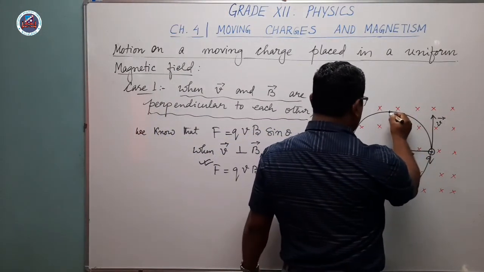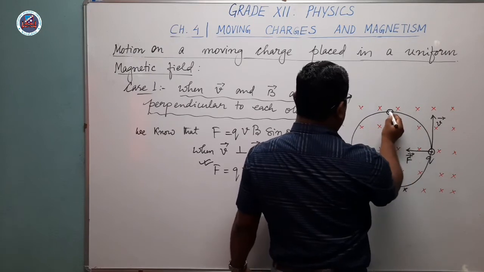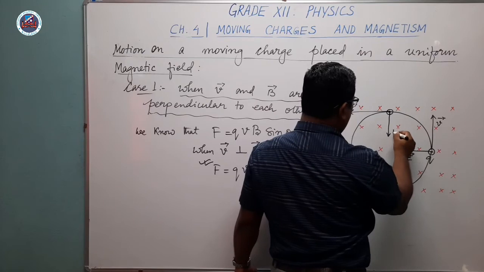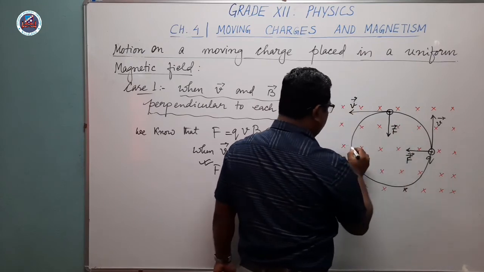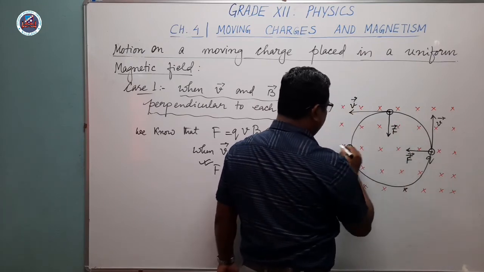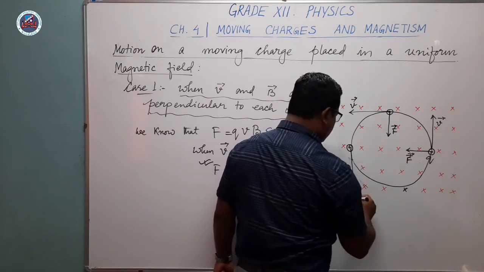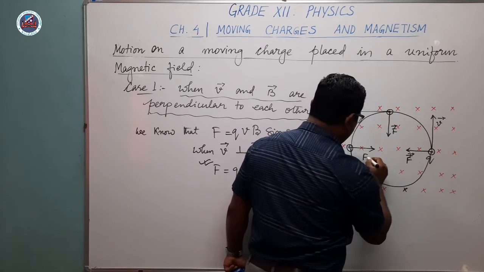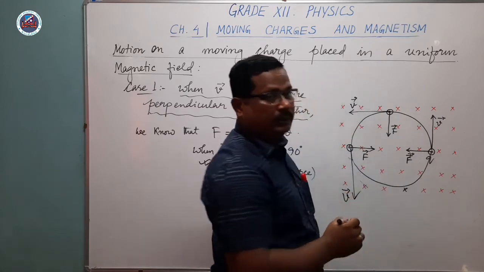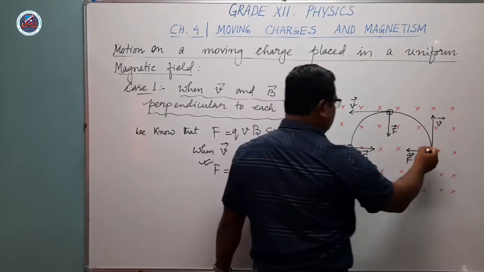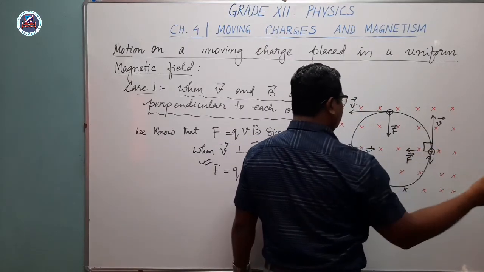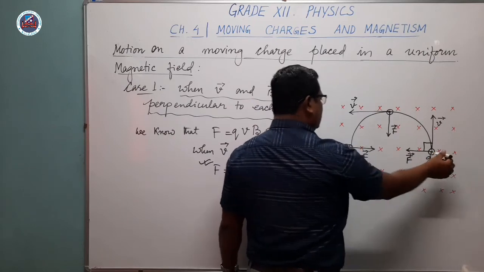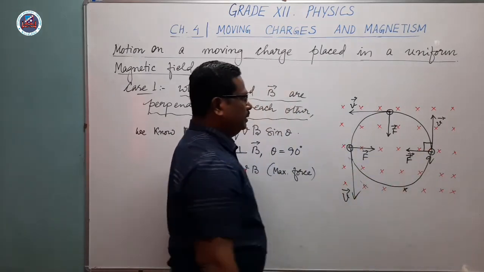Suppose here if I take the charge now, then velocity will point this way, and force will point this side. If I take a positive charge here, then the same thing: velocity will be tangential like this and the force will be towards the center. They will be perpendicular to each other. F must be perpendicular to V as well as perpendicular to the magnetic field induction B.